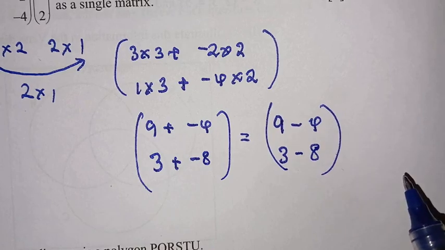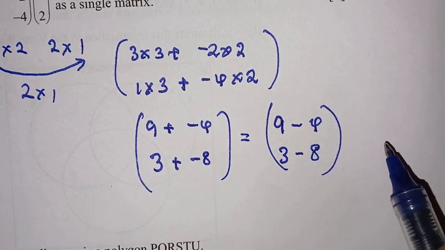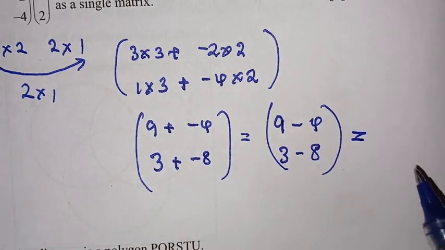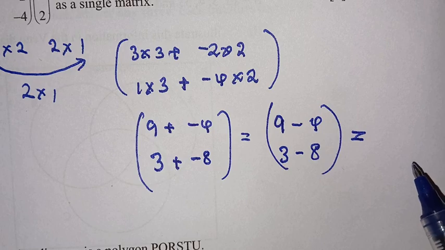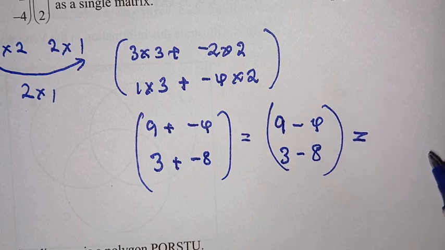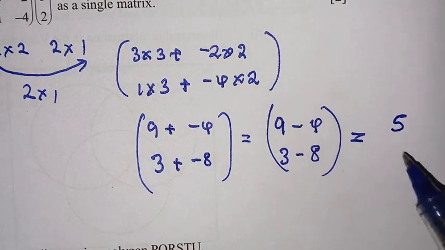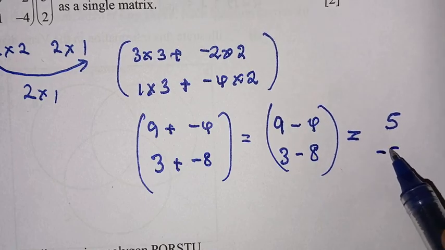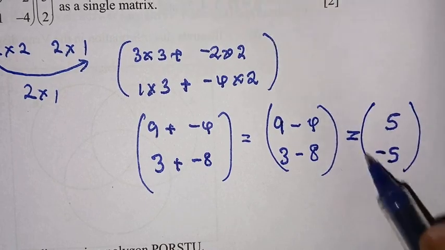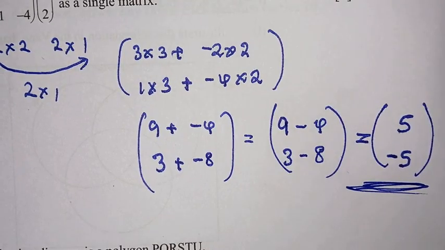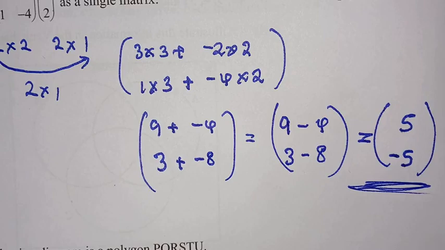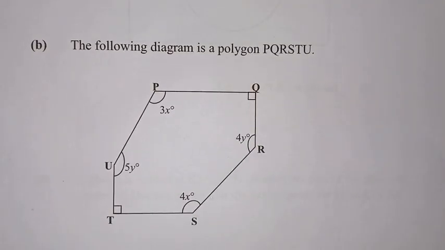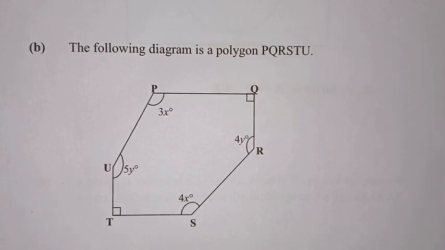And then finally you are going to end up with 5, then negative 5 as our answer.